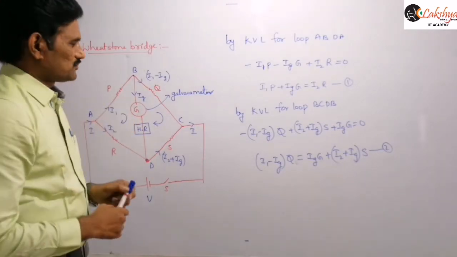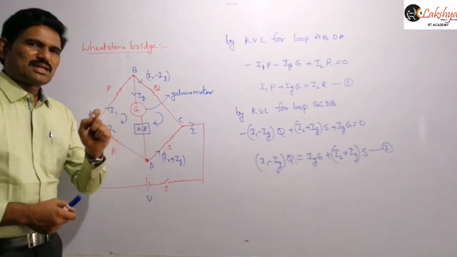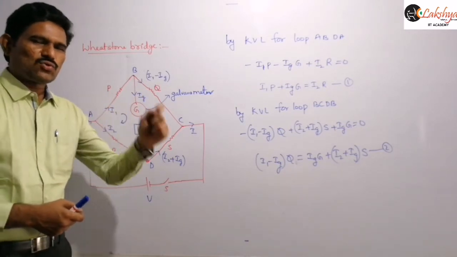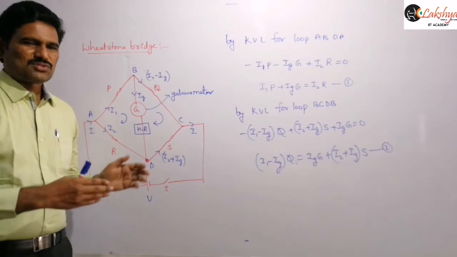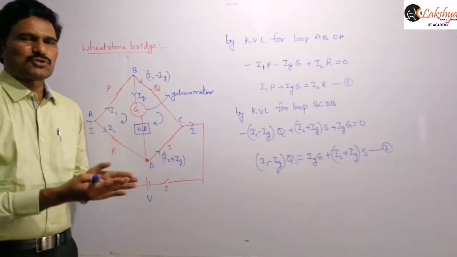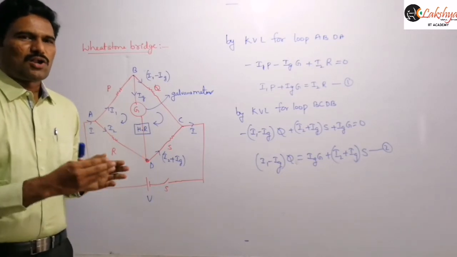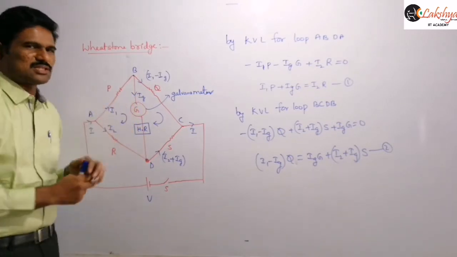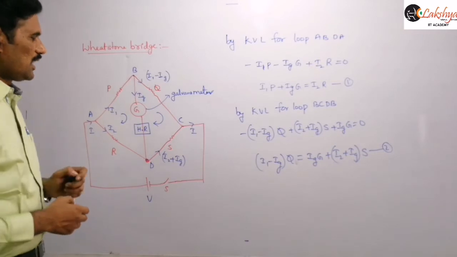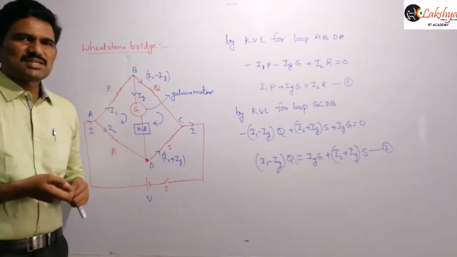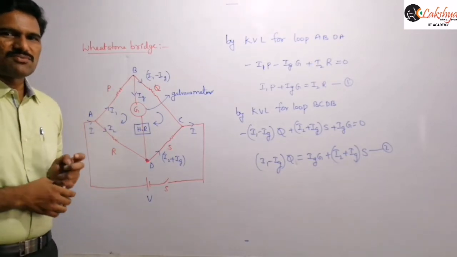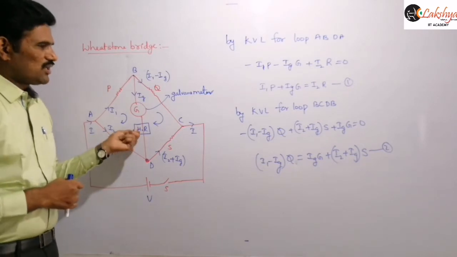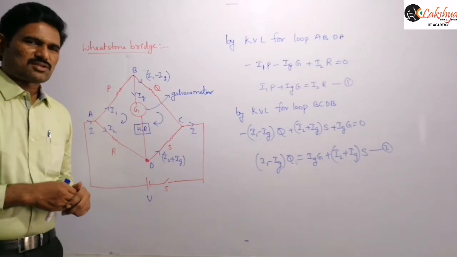And now when you are reaching an Ig value very close to 0, almost like 1 milliampere, 2 milliamperes of current, the current goes on decreasing if you are changing the resistance P and Q values suitably. Now when you are almost approaching that 0 value of Ig, then we remove this high resistance box from the circuit.